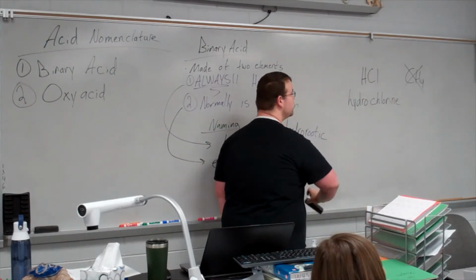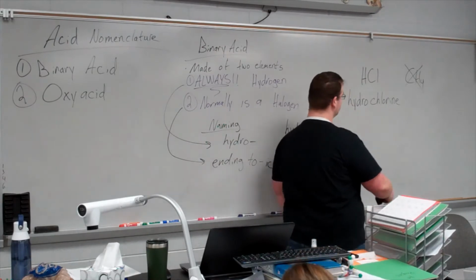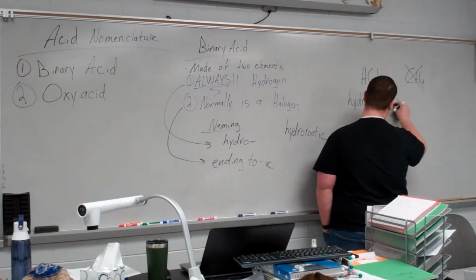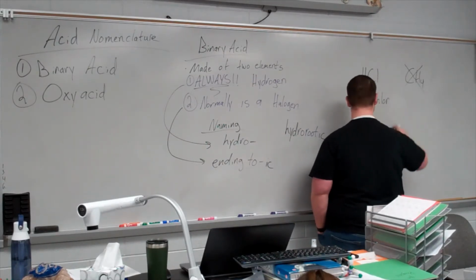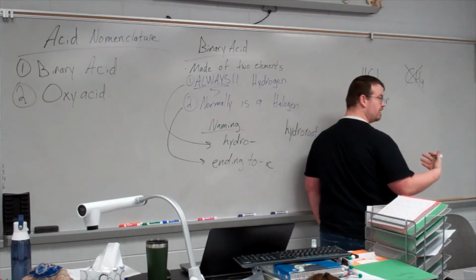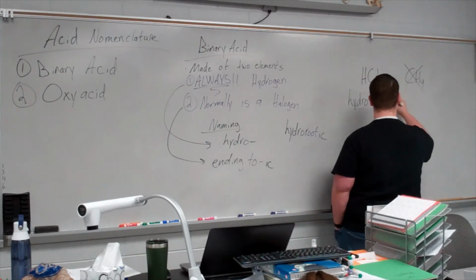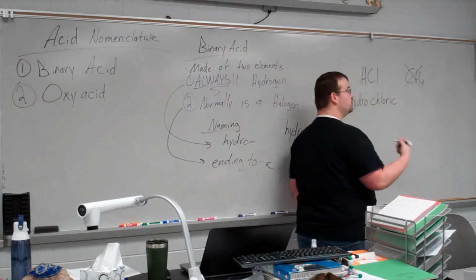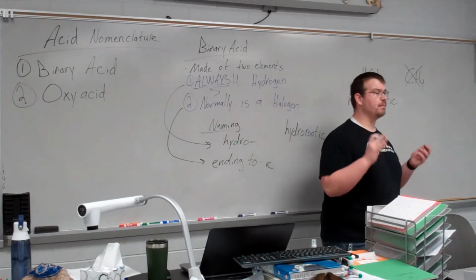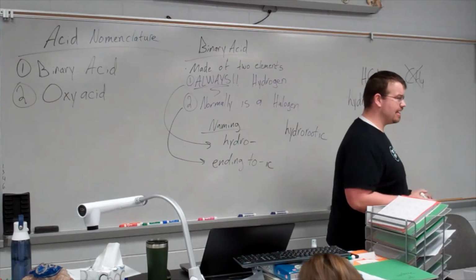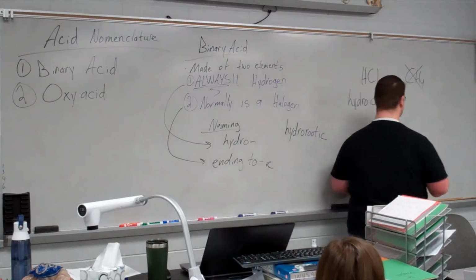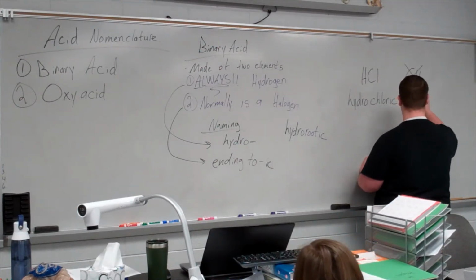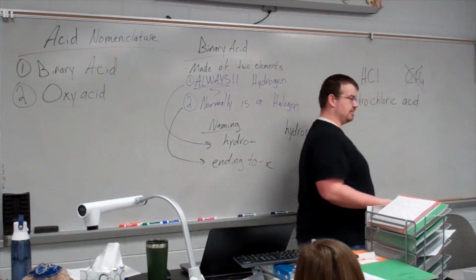We're going to remove the ending off that. So remove that I-N-E and put the suffix ic. Hydrochloric. Now technically you can stop there, but I don't want you to stop there. It's an acid. So put acid at the end. Hydrochloric acid.